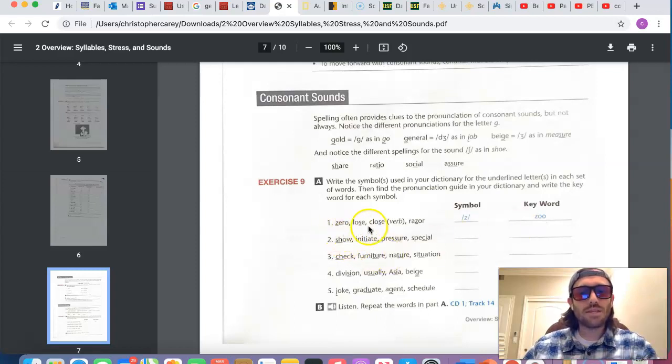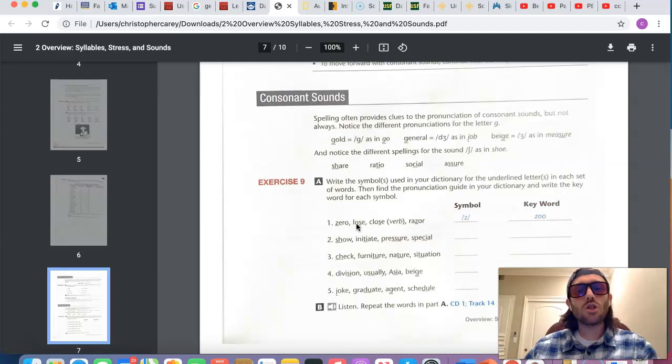So I'm going to repeat these words for you, and then you're going to look up the consonant sound that is used to produce the sounds of the underlined letters. And again, spelling provides us clues, but there is some differentiation.